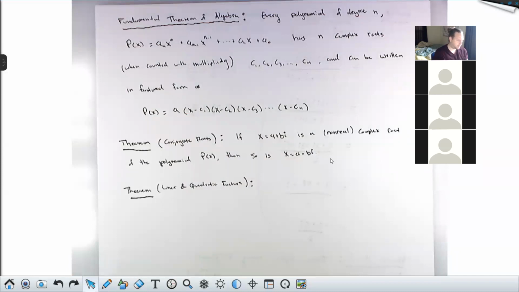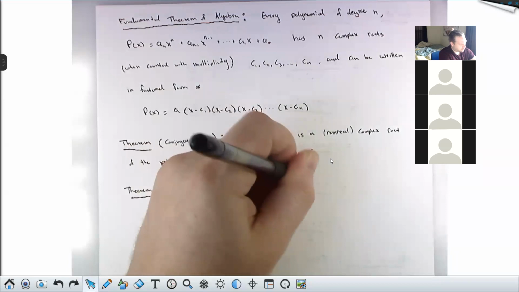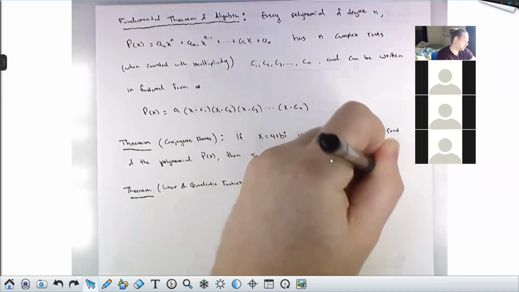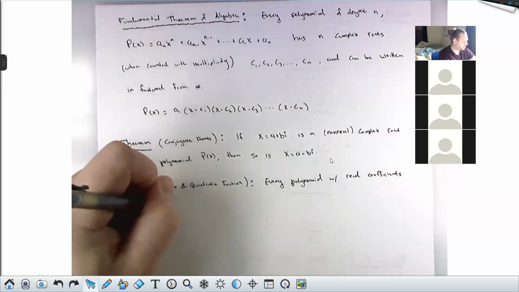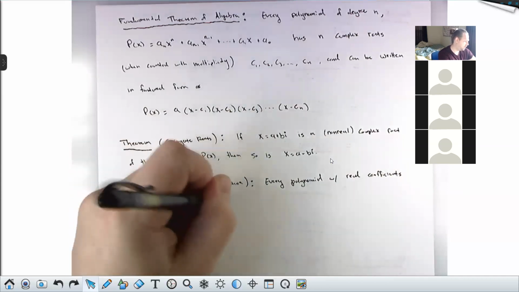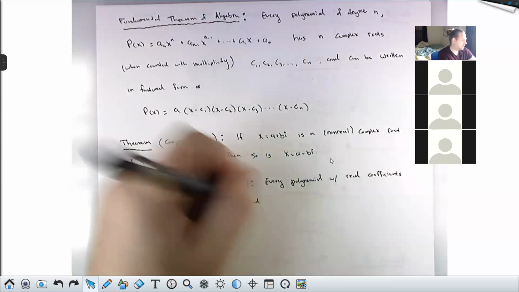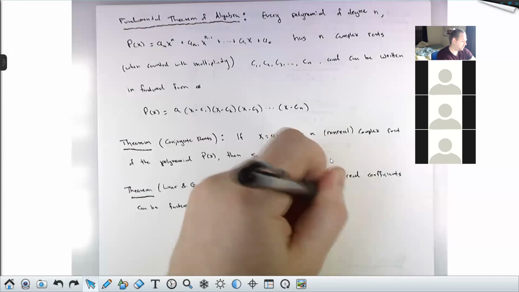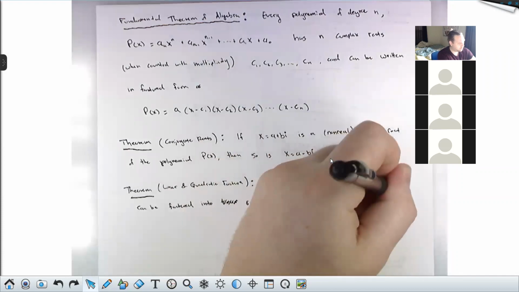What the theorem here says is that every polynomial with real coefficients can be factored into linear factors, I should say real linear factors, times irreducible quadratic factors.